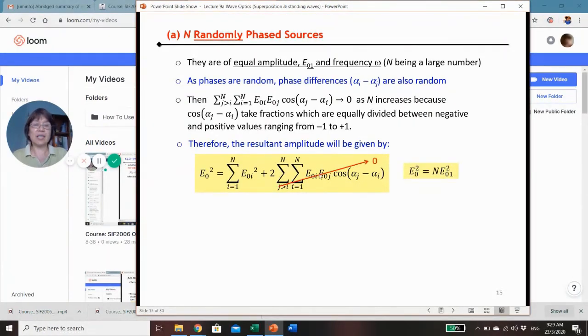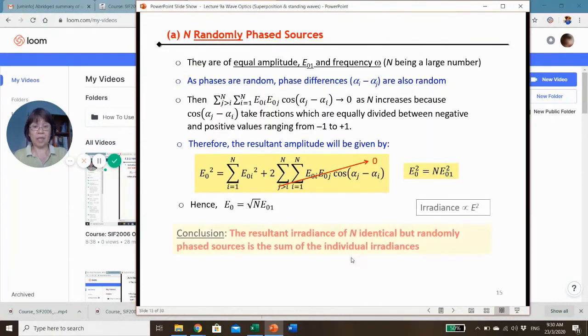So therefore this term goes to 0. In other words, now the resultant amplitude squared is equal to n times the square of the individual amplitude. The resultant amplitude is equal to root n multiplied by the amplitude of the individual wave.